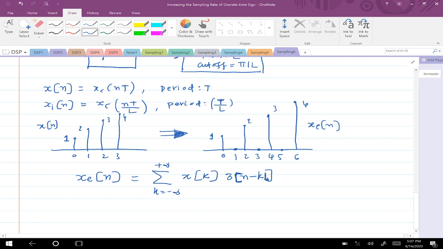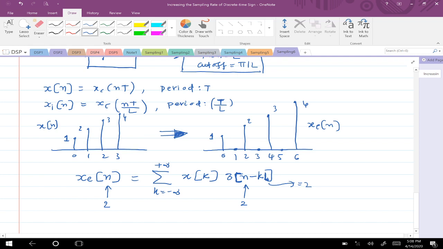I want this n, for example, you take this xe of n value, you want to compute it at 2. Then your n equals 2 here, for which value of k is this non-zero? Assume that L is 2, you are upsampling by factor 2.